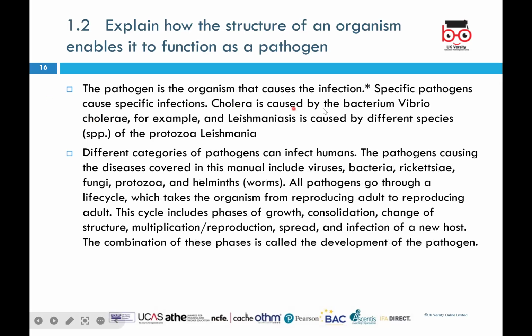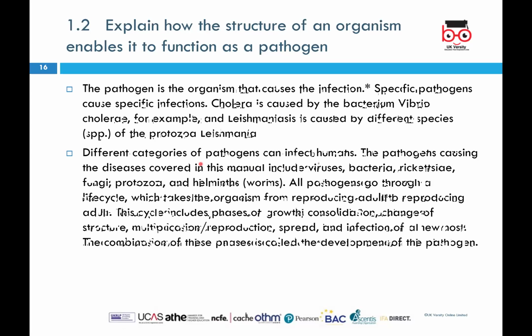So, cholera is caused by Vibrio cholerae, and leishmaniasis is caused by different species of the protozoa Leishmania. There are different categories of pathogens that can infect human beings. Pathogens causing the diseases covered in this manual will include viruses, which we've talked about, bacteria, rickettsia, fungi, protozoa, and helminths, which are worms.